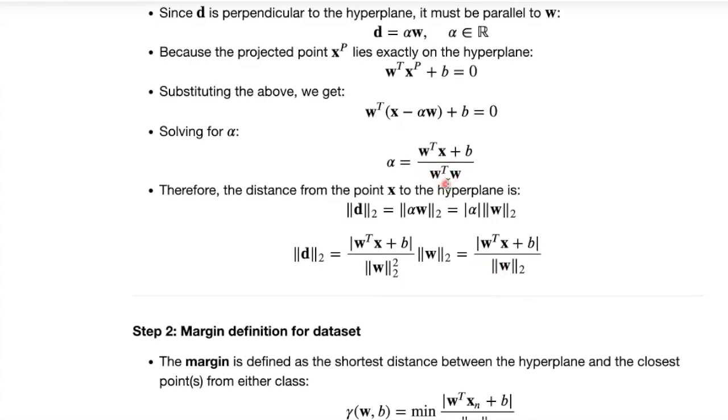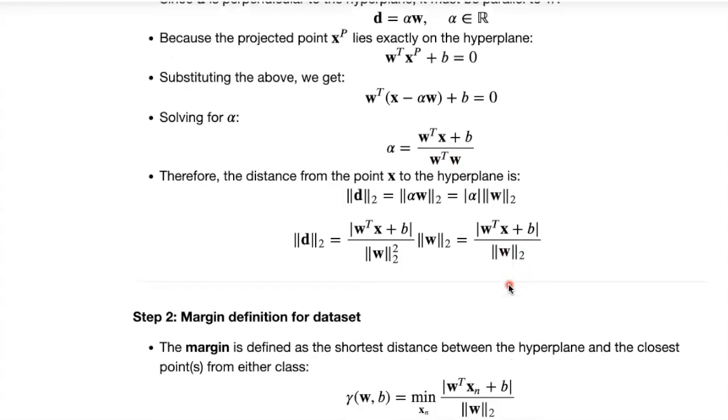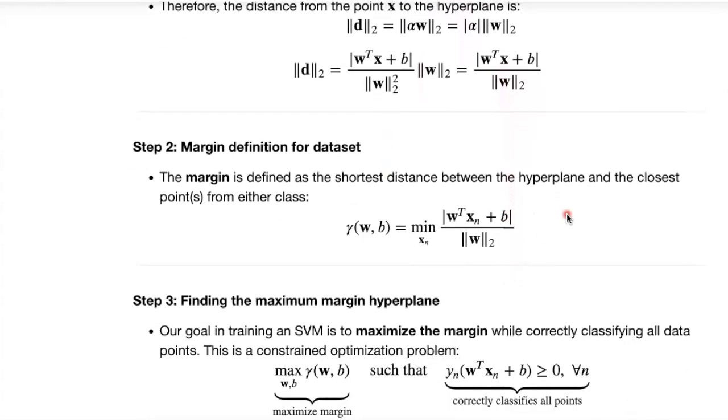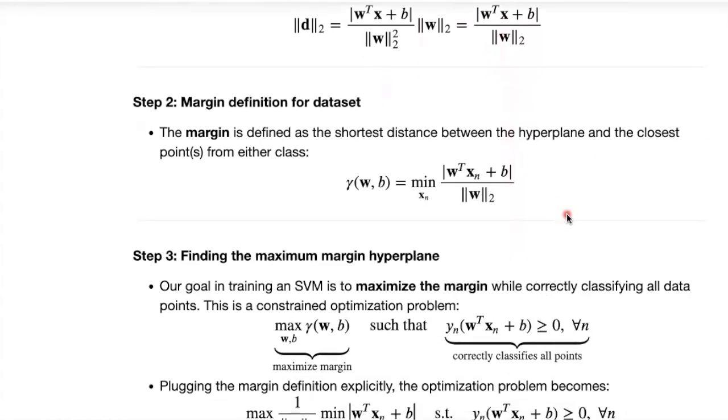Because again, W transpose W is the norm squared. So if you want to get rid of that square, you have to take the square root of this, or just simply use the norm of W. So all in all, what this means is that if you have a data set that consists of n data points, and you want to find this shortest distance, you have to find this margin for all of them, and then you find the minimum value, right?